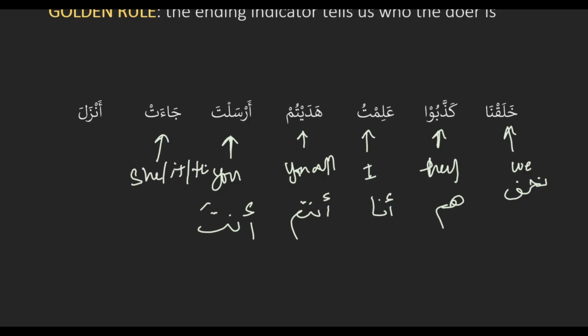Okay, last one. Anzala. Wait, anzala is the base word. It is the base form, and the base form is the same as, do you remember? He. The base form is just the same as he, it. It's the first one in the chart. So that's the hua form. Okay. So is the concept clear?